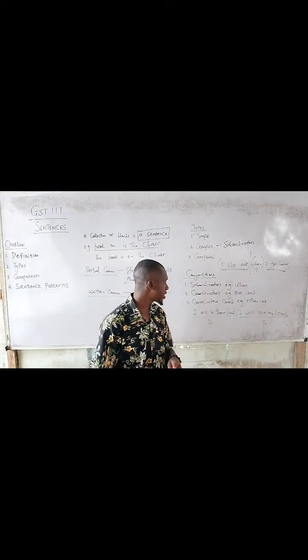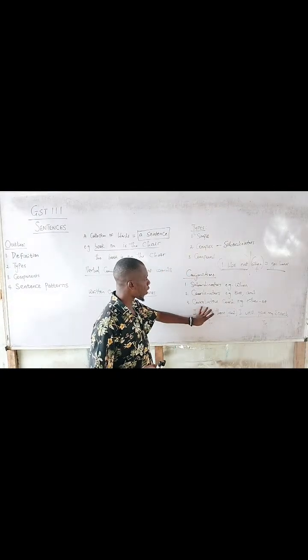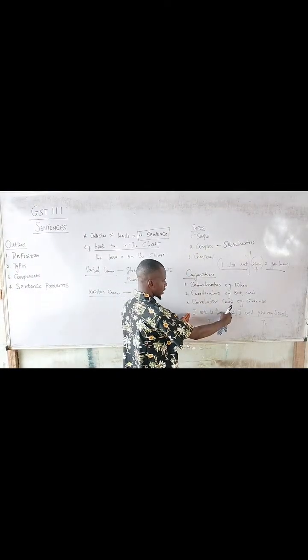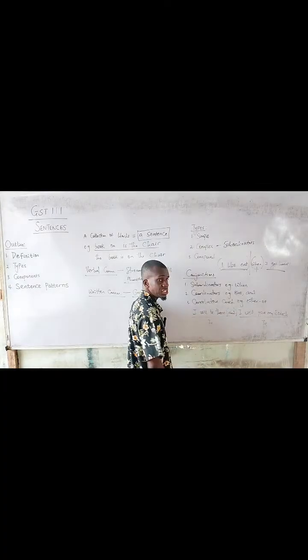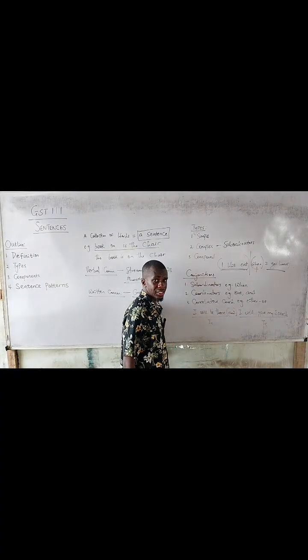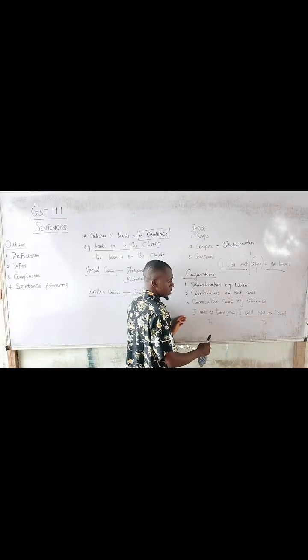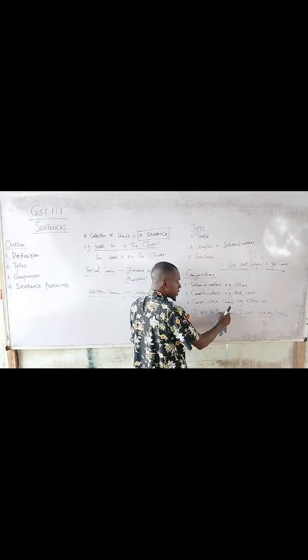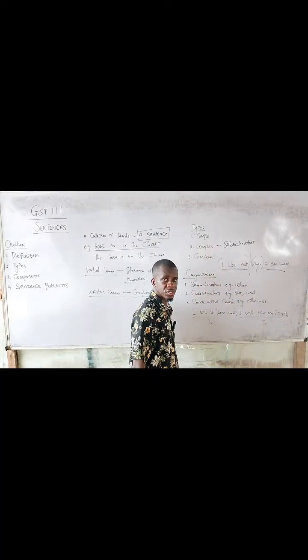Excellent. Now, something else I need you to see. A simple sentence is one independent clause. Let's isolate I will be there. A simple sentence is one independent clause. Alright? Now, looking at this compound sentence, you will realize that it consists of two independent clauses.